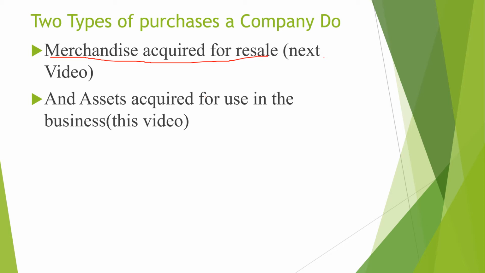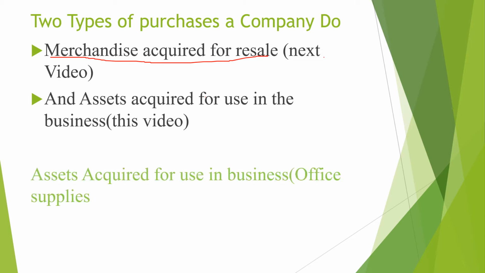With these two types of purchases, the company has different forms of purchases journal that look different. For this video, we will look at the assets acquired for use in a business.